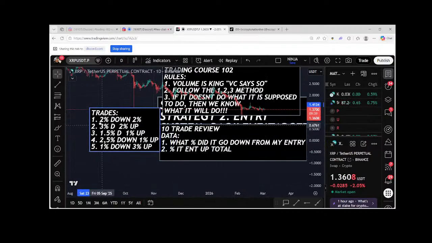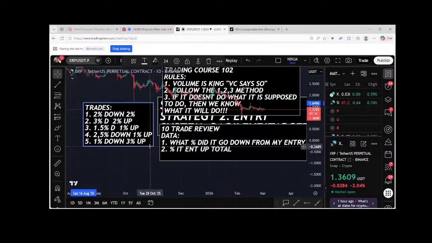But what I can do here is I can look at this data, and from this data, I can get information, right? So what I see here is if someone was doing this particular trades, and I look at there and I say, okay, down is 2, 3, 1.5, 2.5, 1, right? So if we kind of made this a 10 trade, more than likely it would have 2% down, 1.5% down, right?